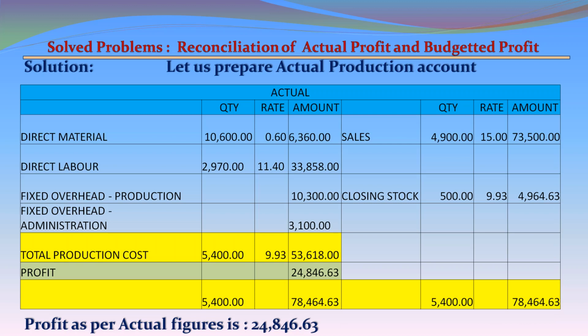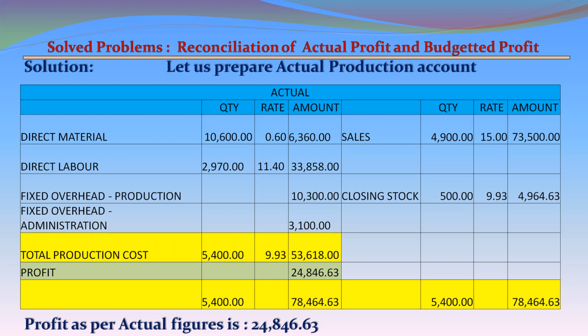Solution. Let us prepare the actual production account, with quantity, rate, amount for expenses and income. On the credit side, sales 4,900 units at 15 pounds, amount 73,500.